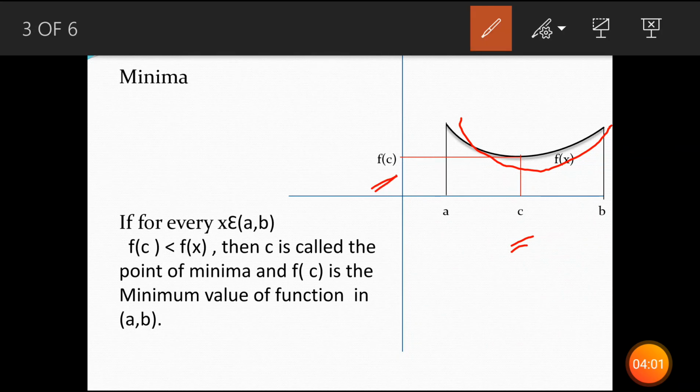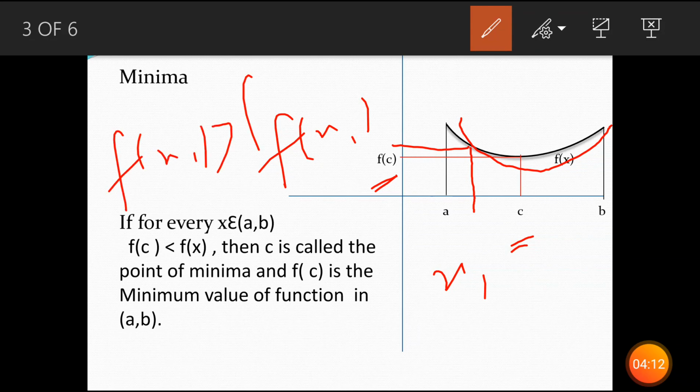If we consider any other value like x1 here, then this point will be f(x1). Here you can see that f(x1) is greater than f(c).